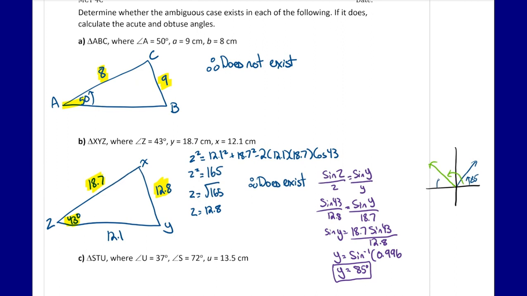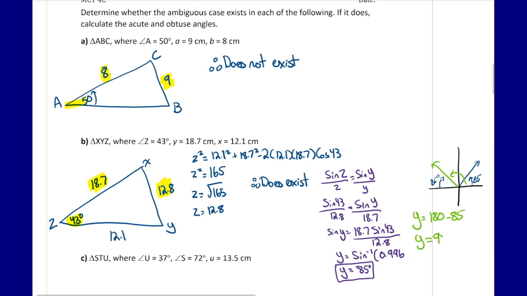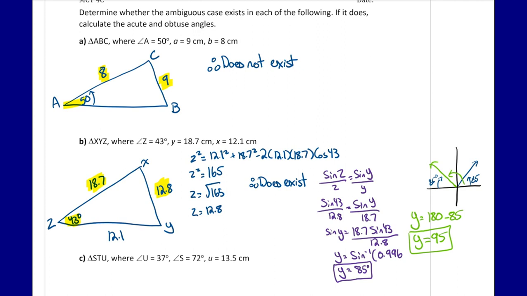So therefore, the other option for y would be 180 minus 85. We get y is equal to 95. Again, not drawn to scale. It's just more there to visualize the CAST rule. So I know for this triangle, I could have y either being 85 or 95 degrees.